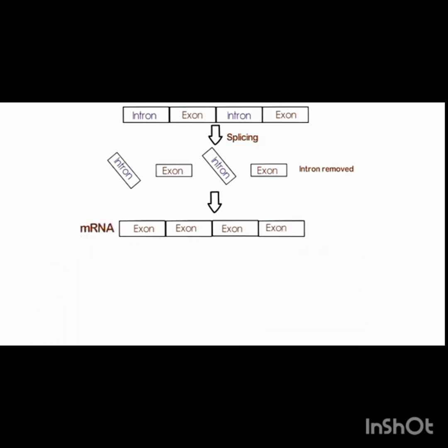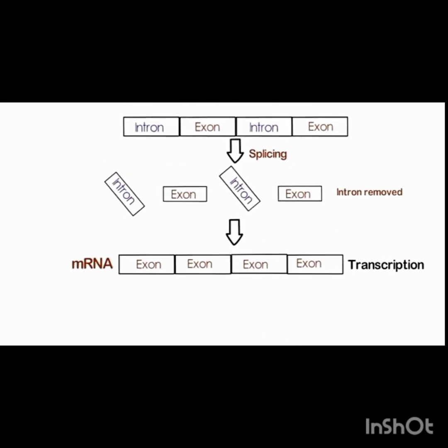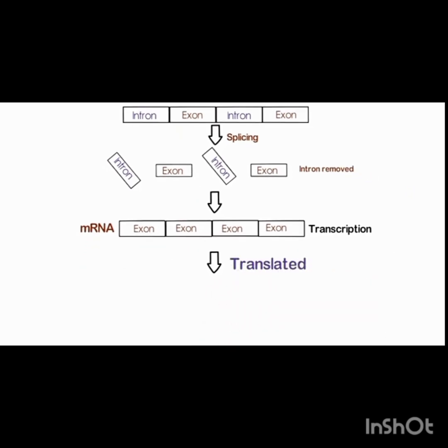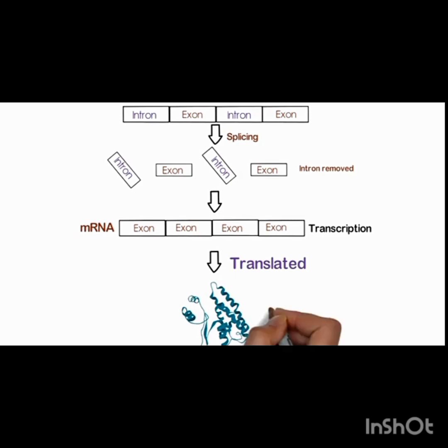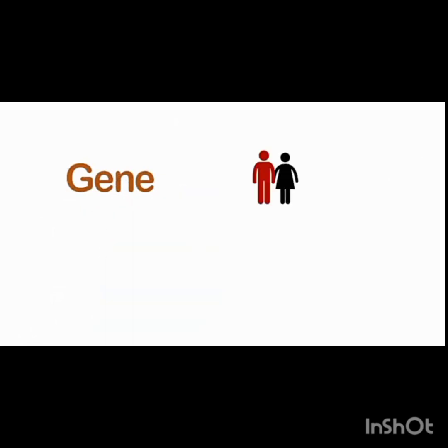This process is called transcription, or mRNA. What is this mRNA? Messenger RNA. How this messenger RNA is formed, we will discuss in the next video. After that, translation. From this, the desired proteins will be formed.